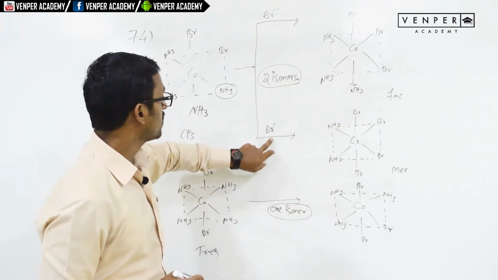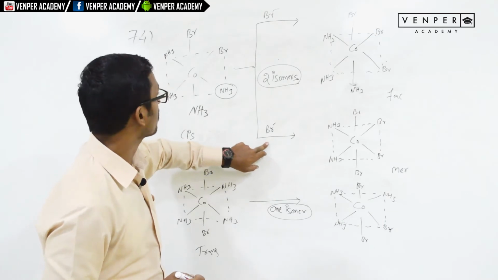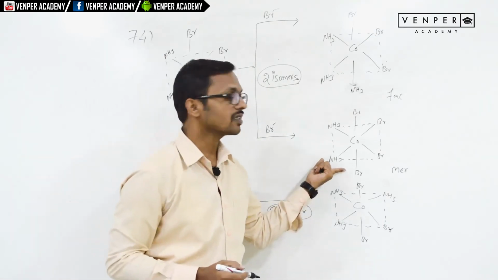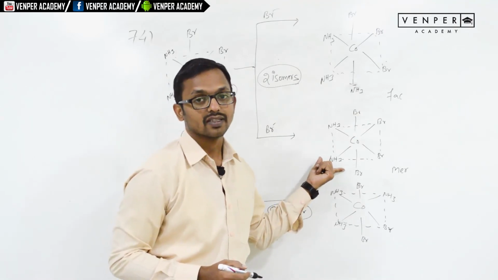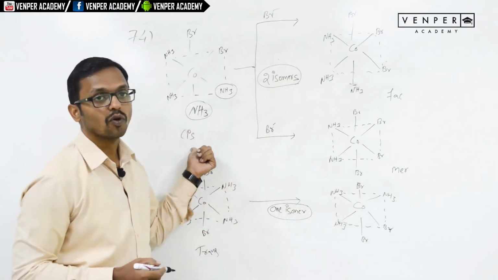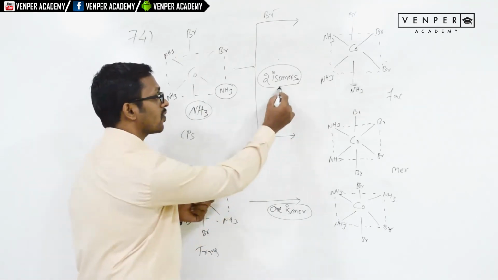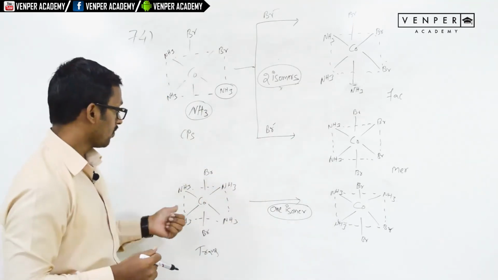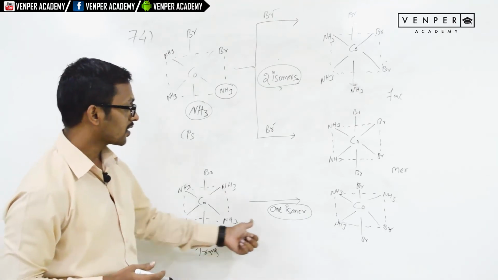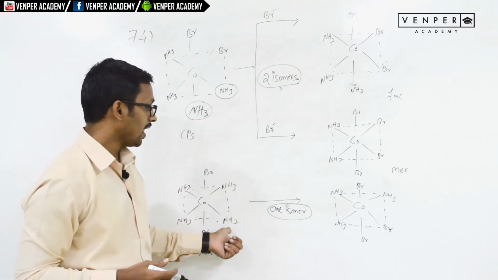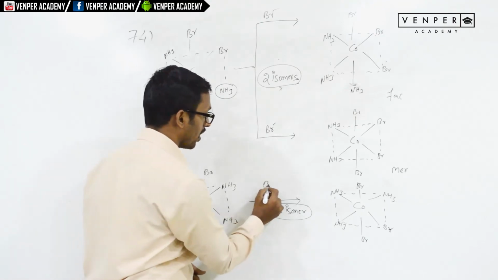And when Br minus substitution takes place at this position, we are getting another isomer, called the meridional isomer. That means from this cis compound we are getting 2 types of isomers. That is the reason I have written here 2 isomers. And from the trans isomer we are getting only 1 isomer when we replace any one of the NH3 groups by Br minus.